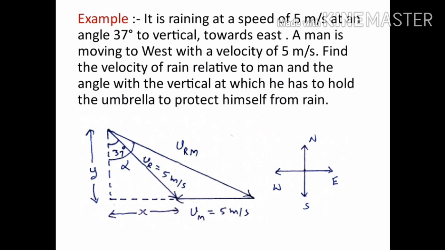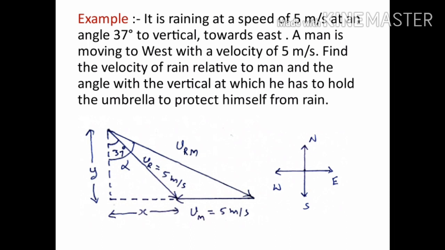For that situation, the diagram is given below. VM bar and VR bar are taken such that their final points coincide, and VRM is taken by joining the initial points of VR and VM. Then in that case we have two unknown values x and y.